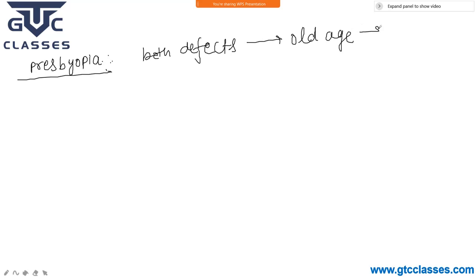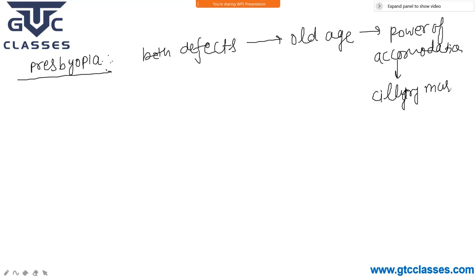Why this happens? Because your power of accommodation is reduced. And why power of accommodation reduced? Because your ciliary muscle is not working properly. Why the ciliary muscle is not working properly? Because it has become tired. Why it has become tired?